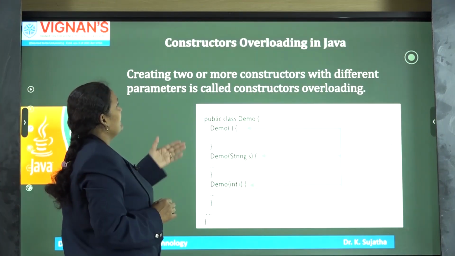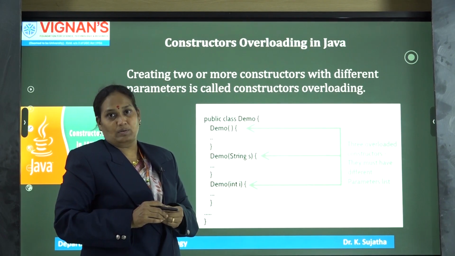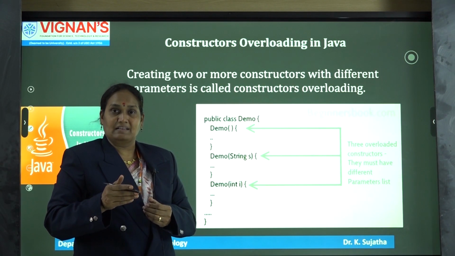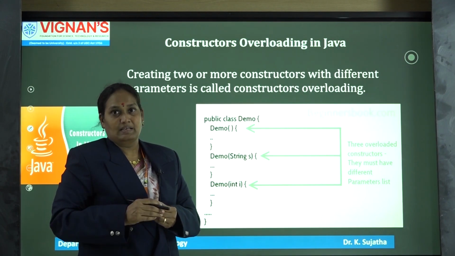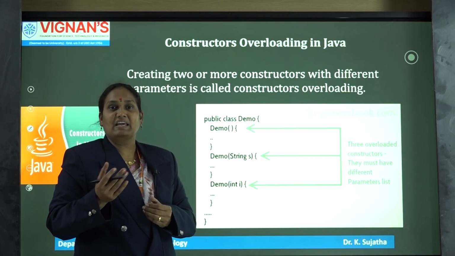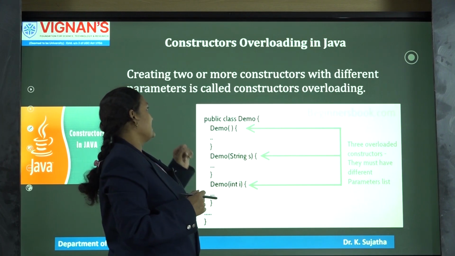Next, constructor overloading. We need to see constructor overloading. So we know that a method can be overloaded and a method can be overridden. In the same way how we are overloading the method, constructors can also be overloaded. Now how to do the overloading of constructors?